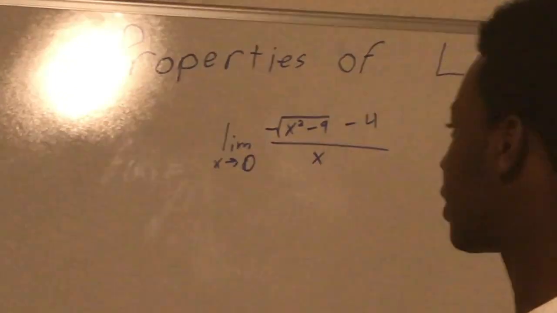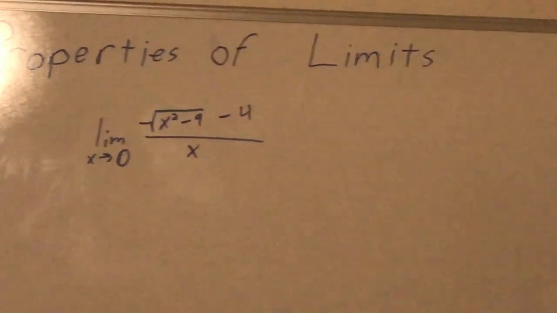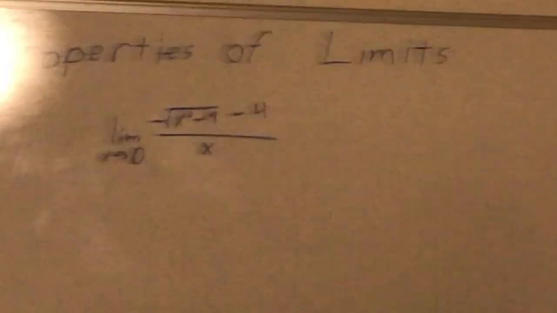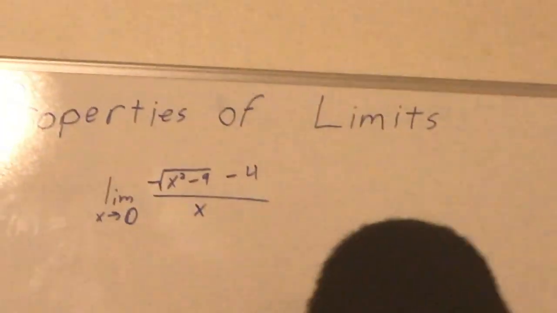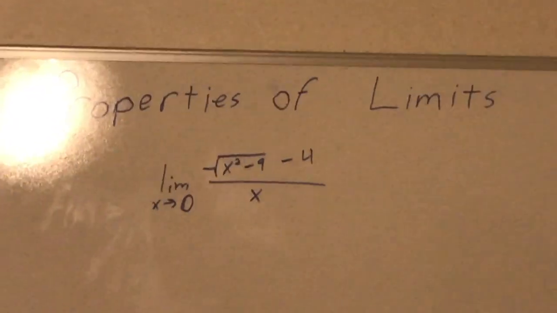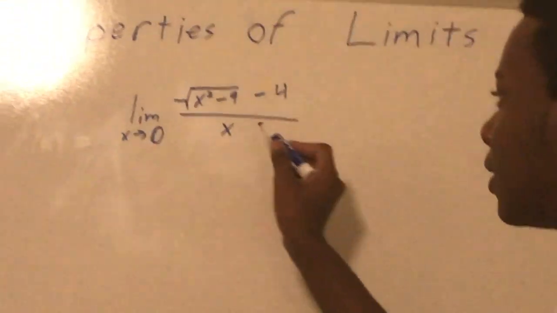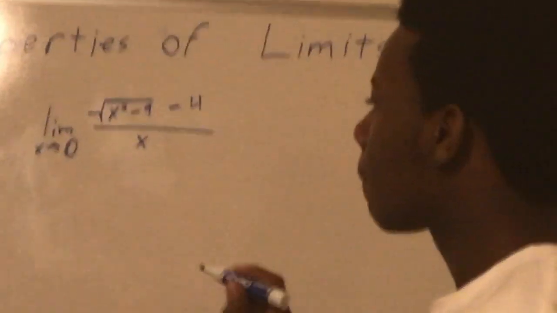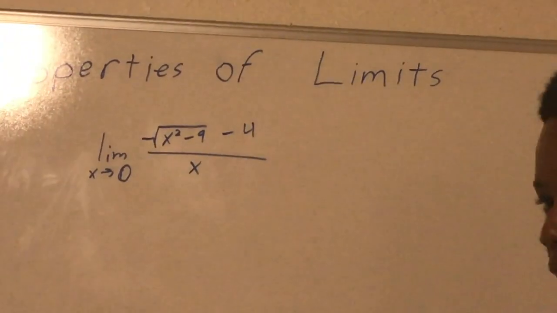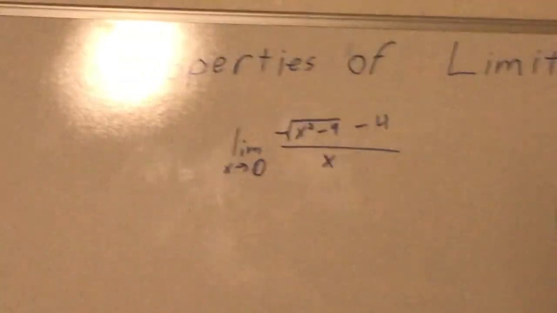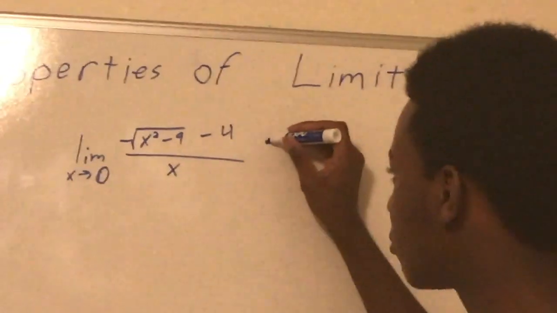In order to solve for something like this, we obviously can't plug in 0 because this will be undefined. But when it comes to radical expressions, we can rationalize it.